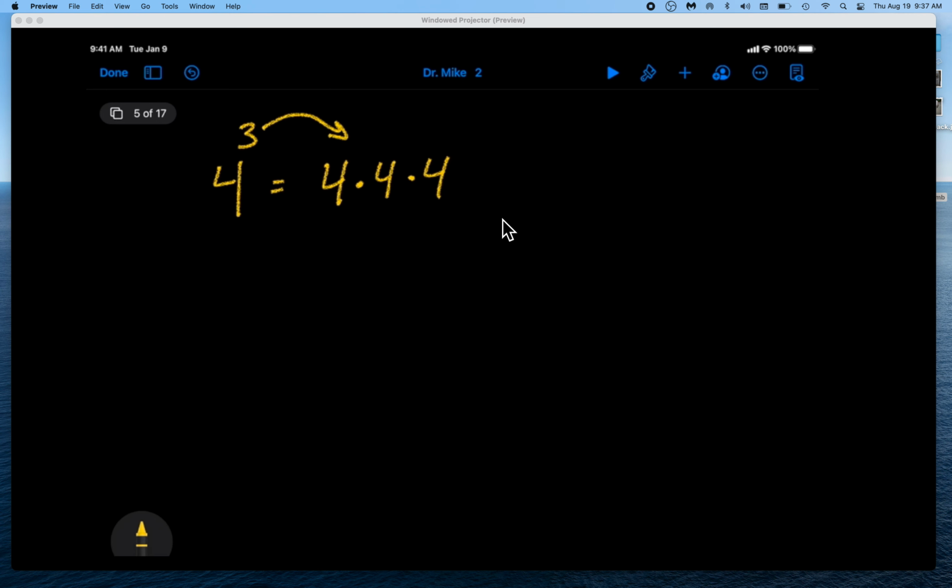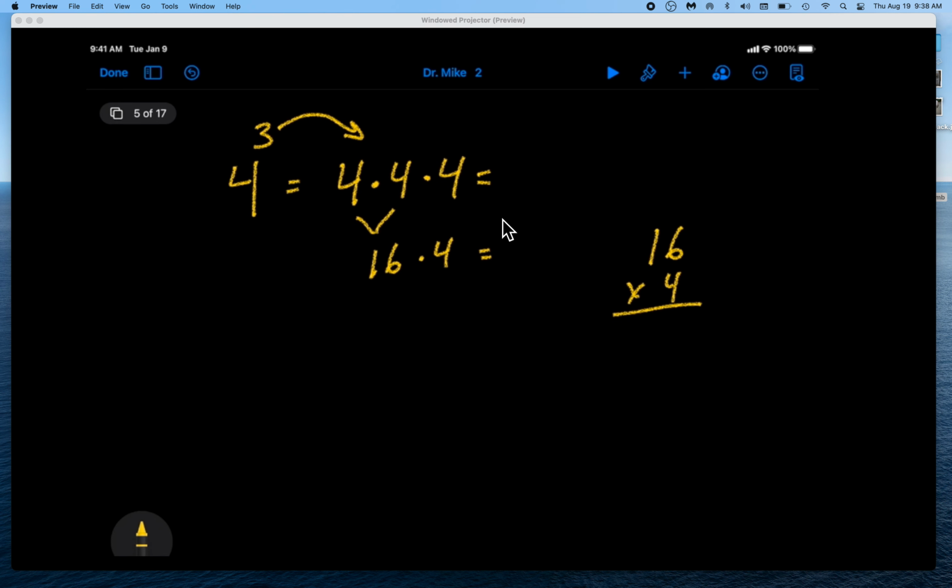Okay, so if you're asked to evaluate that, it becomes 4 times 4 is 16. 16 times 4, let's do that on the side. 4 times 6 is 24. Carry the 2. 4 times 1 is 4, plus 2 is 6, 64.